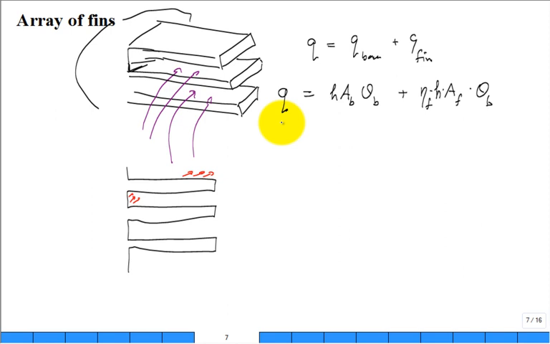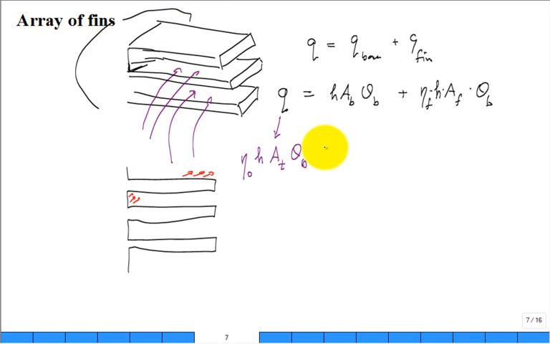Well, we'd like a simple model for that off of the arrayed surface, and it would be something like some overall fin efficiency of that arrayed surface times some convection coefficient times the area total times theta base.